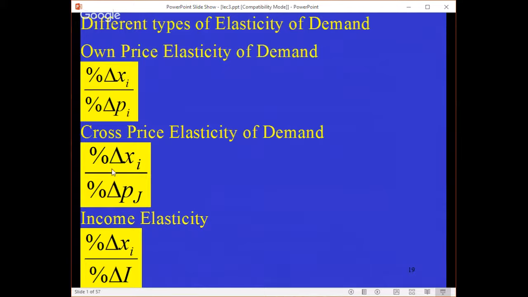This is the percentage change in the quantity demanded of I with respect to the percentage change in the price of some other good. We'll call it J. In other words, if I'm selling apples, the price of oranges is going to affect the demand for my apples. So how much it does is going to be measured by our cross price elasticity of demand. And finally, income elasticity.